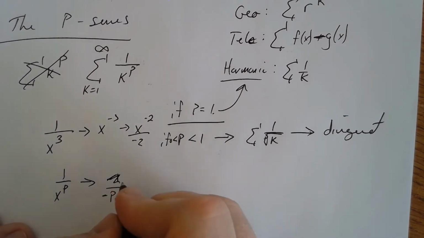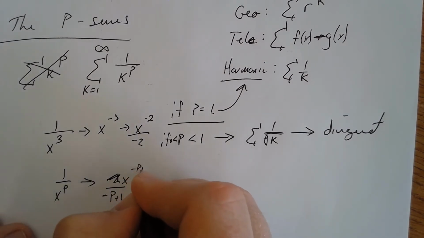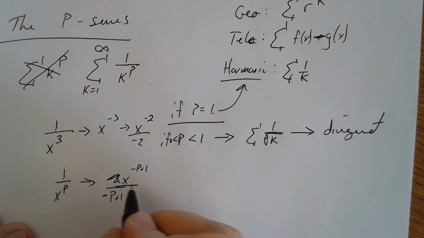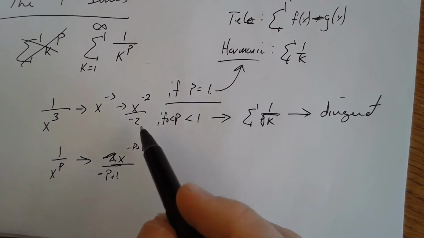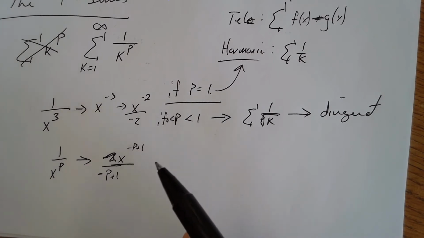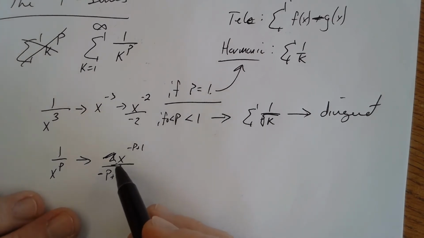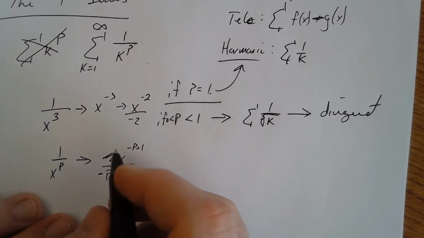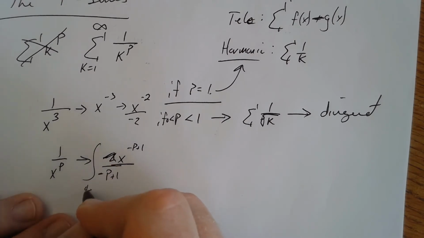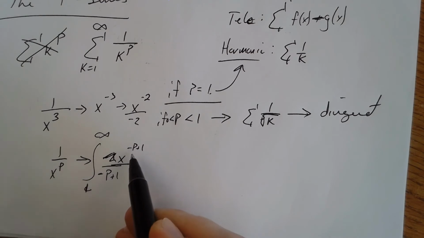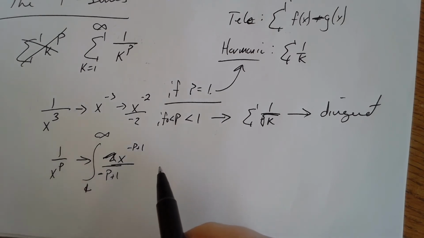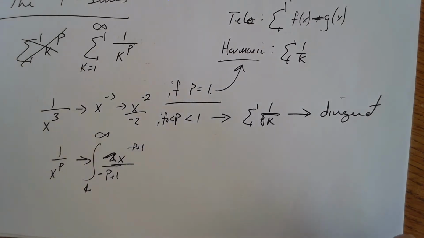And then on top, you're going to have x to the power of negative p plus 1 still. While if I look at this carefully, as the value of x changes, if I integrate this from 1 to infinity, this piece right here, since it's a negative exponent, will eventually approach 0.